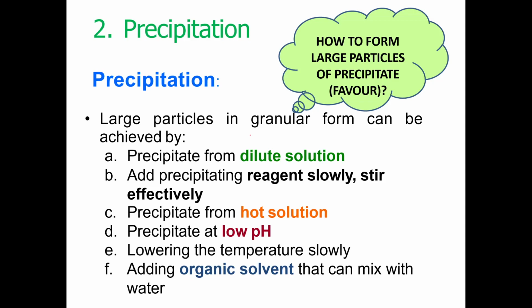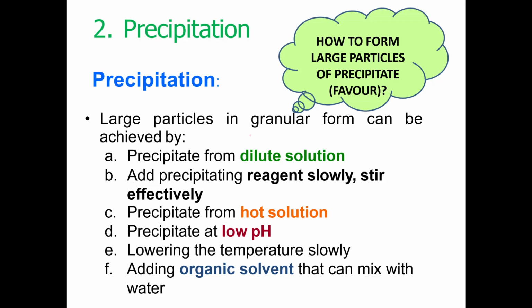So in the setting of the reaction or analysis, the analyte should be in a dilute solution, adding the precipitating reagent slowly and stirring effectively. We do not suggest putting in the reagent very fast, and also not stirring very vigorously, because we need the reaction to occur under effective conditions. The precipitation is also done from a hot solution and at low pH.